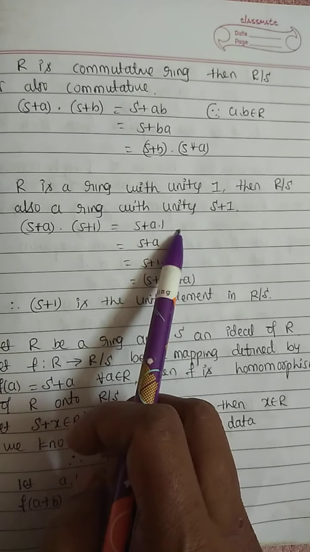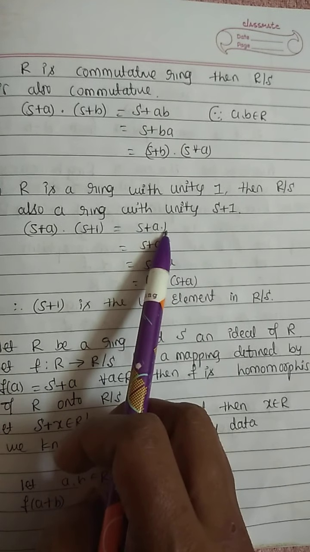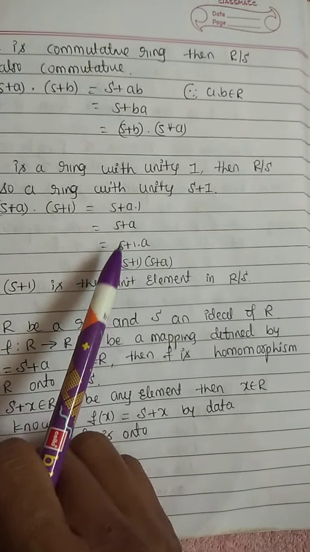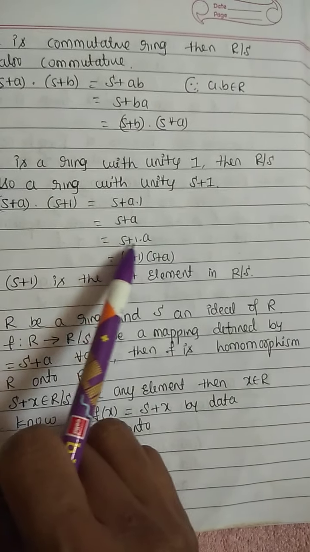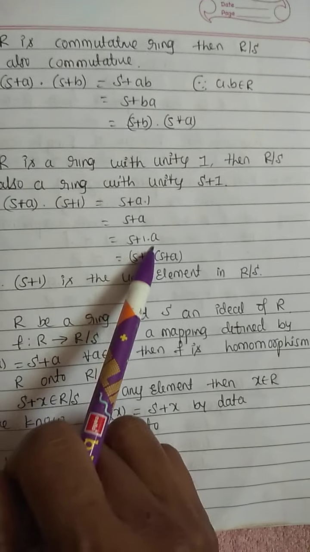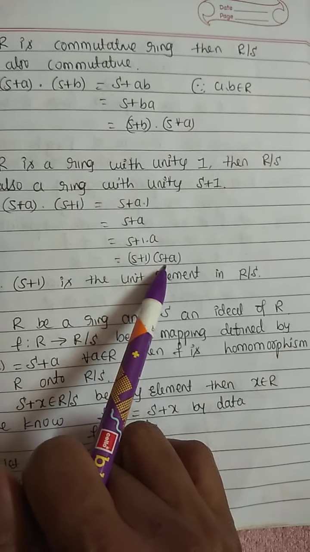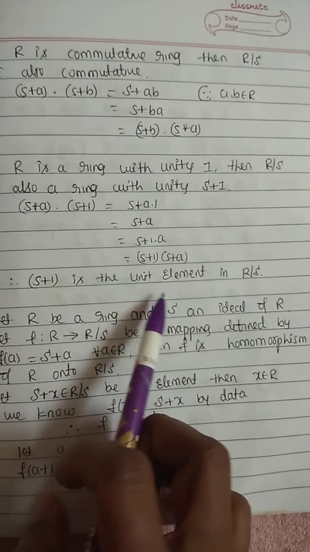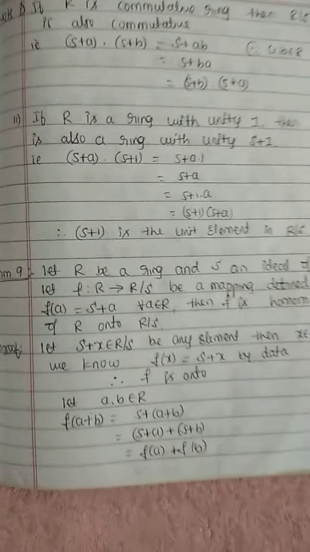Here R is a ring with unity, a is an element of R. a into 1 can be written as a. a can be written as 1 into a, so S plus 1 into a. This can be written as (S plus 1) into (S plus a). Therefore, S plus 1 is the unit element in R by S.